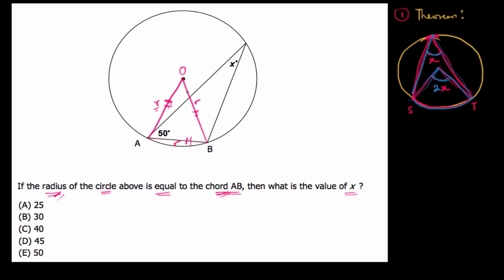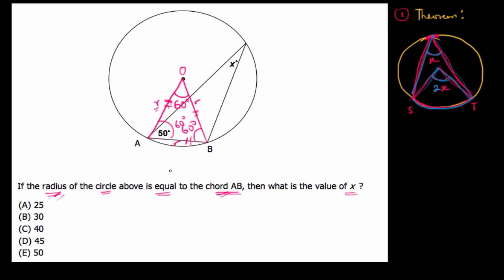Anytime you have a triangle such that all its sides are equal, it's an equilateral triangle. So the angle here must be 60 degrees, the angle here 60 degrees, and the angle here also 60 degrees.